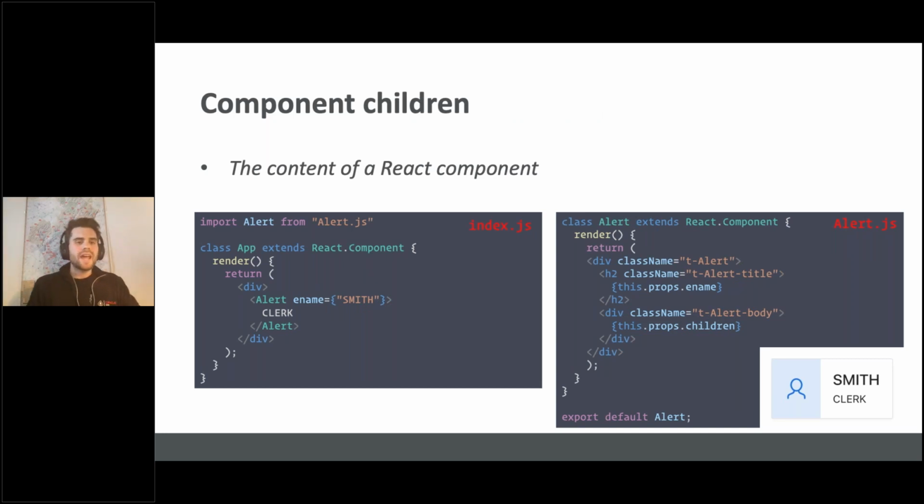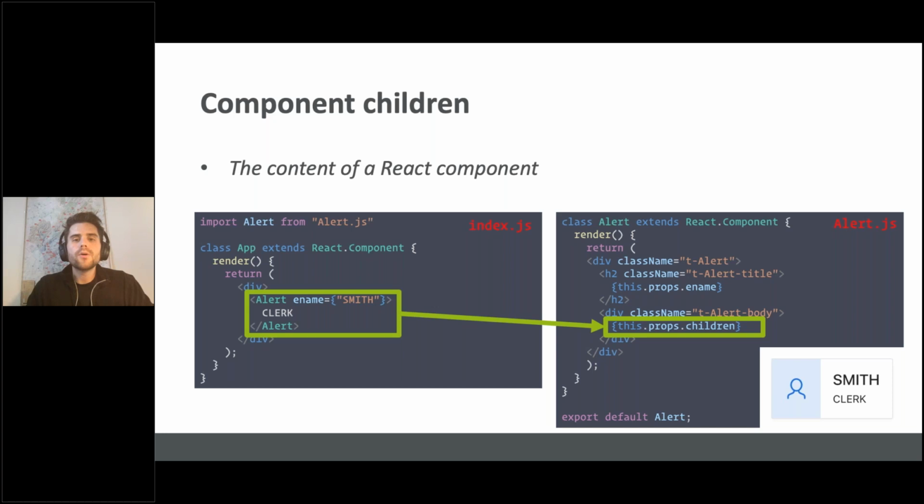A special property in React is the children property. The children property in React is basically the content of a component. Whatever we put inside of the React tag, so instead of having the job as a special property, I now added it as the content of the alert.